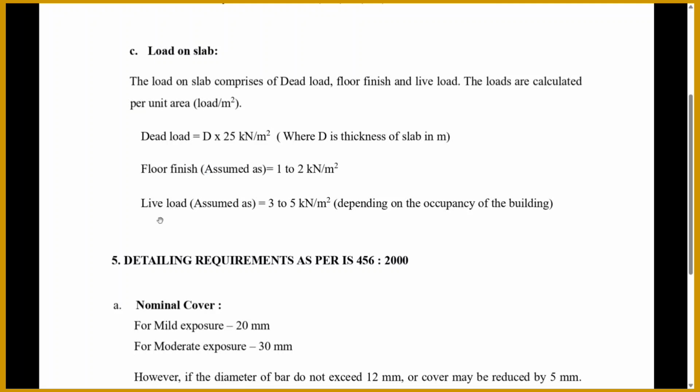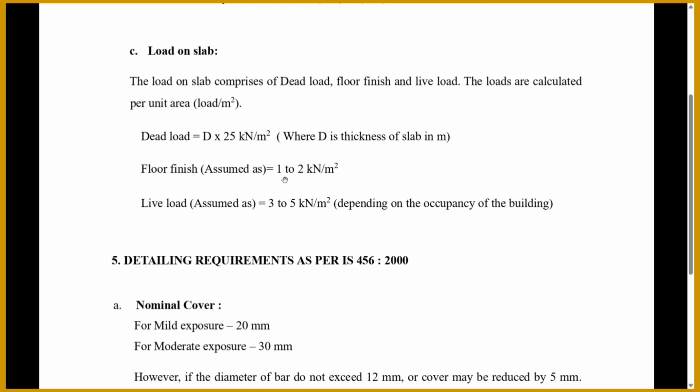Next is our live load. Live load means human load or some moving or partition loads. We will design this load as load per meter square, because our slab is an area quantity.